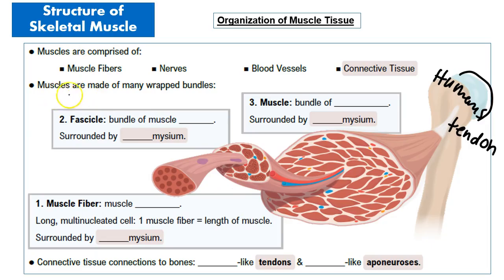So muscles are comprised of muscle fibers, or muscle cells, nerves, blood vessels, and connective tissue, that perimysium, endomysium, and epimysium that we saw before. I understand you might be like, well, of course it's made of muscle cells, and you just showed me a little bit about the connective tissue, but why nerves and blood vessels? Well, again, for our muscles to be able to work, it's going to have to be able to do what?